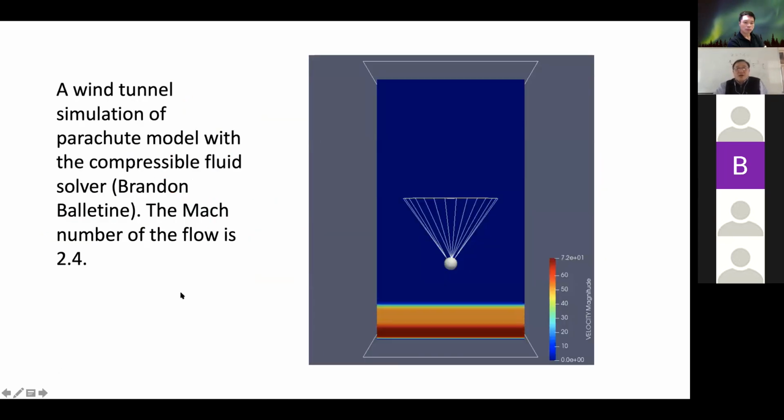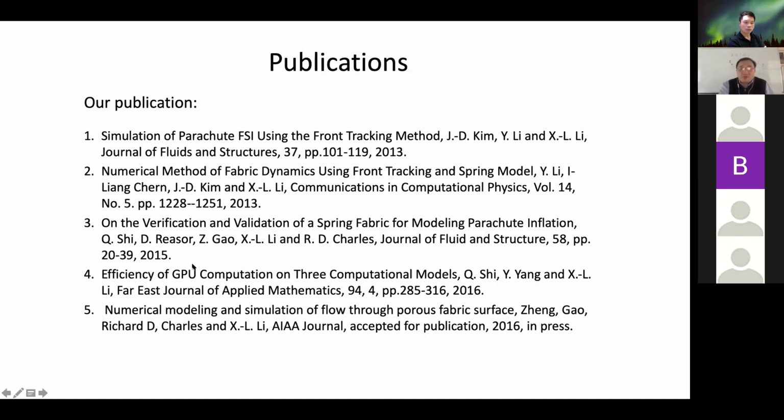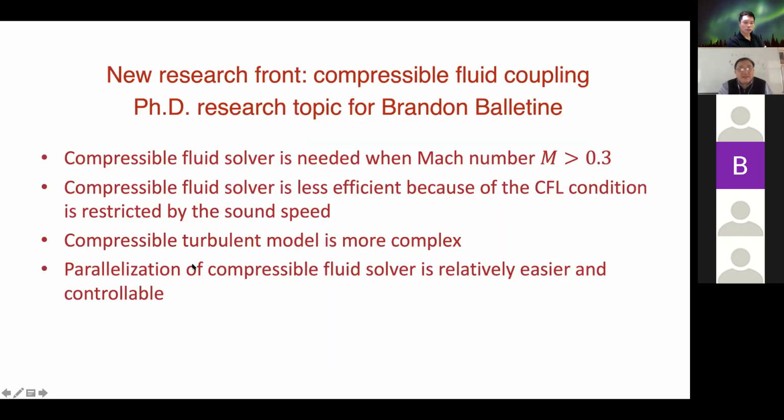What I would like to say is that the numerical simulation of a parachute is a very interesting problem, although it is also a very complicated problem. There are a lot of things you have to deal with, little by little, piece by piece.